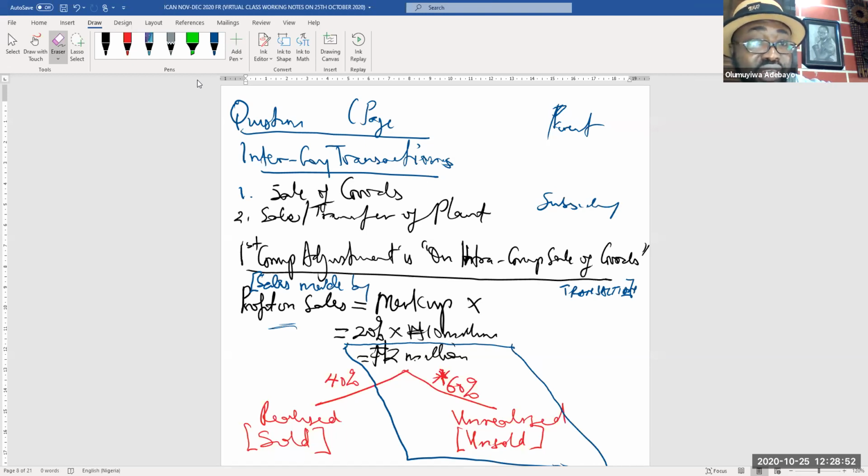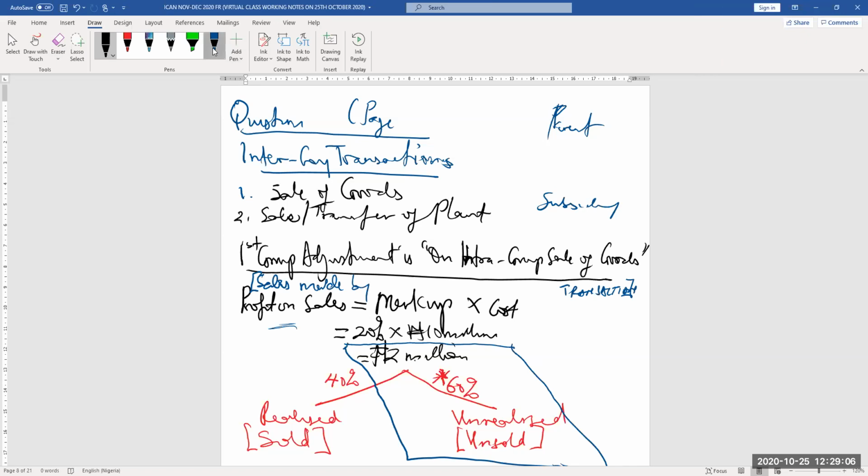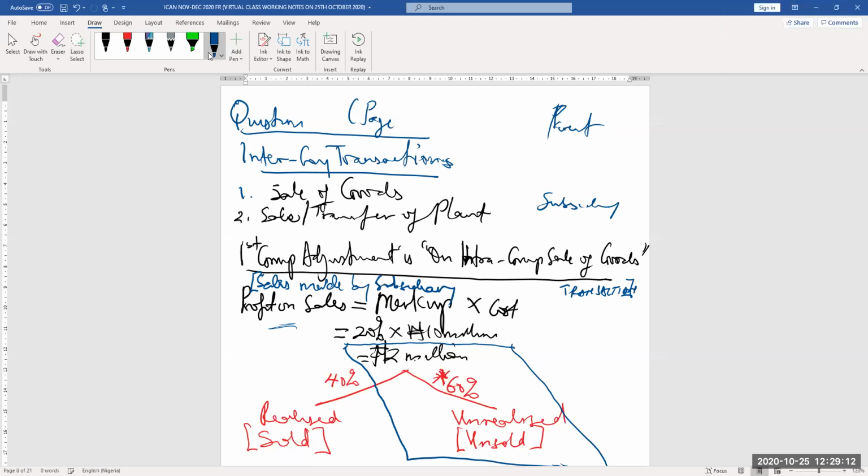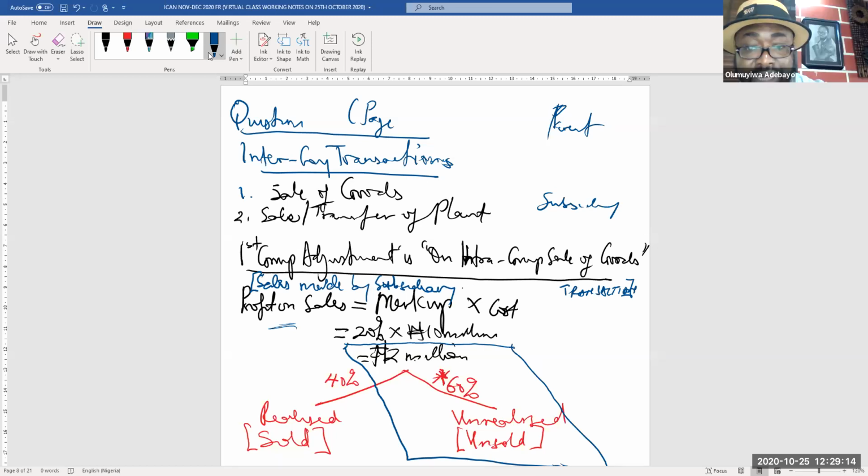First, what am I trying to do? The transaction here is made by the subsidiary. In that case, we call it upstream, and I will explain. Upstream means that somebody under you is the one initiating a transaction to you, which means somebody downstairs is looking up to somebody upstairs to initiate a transaction.